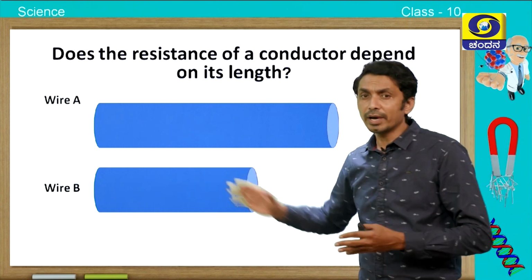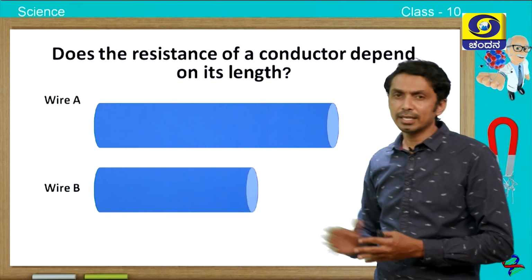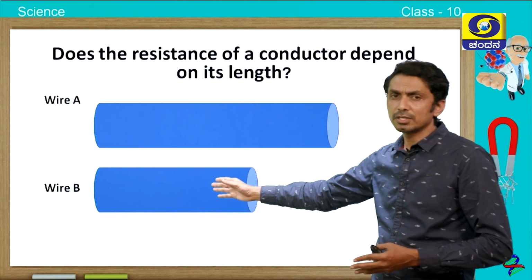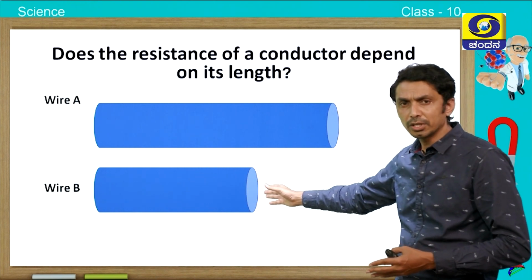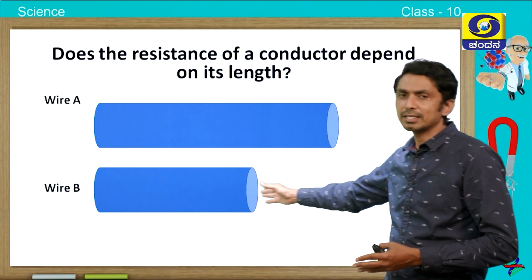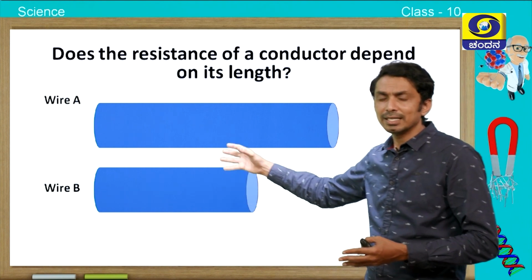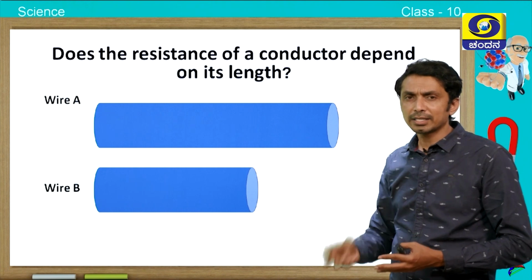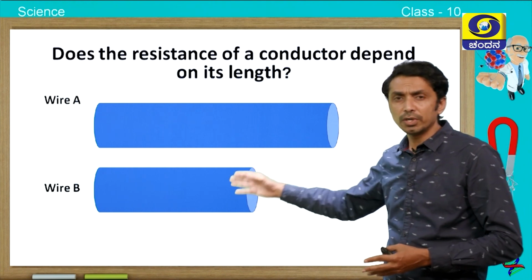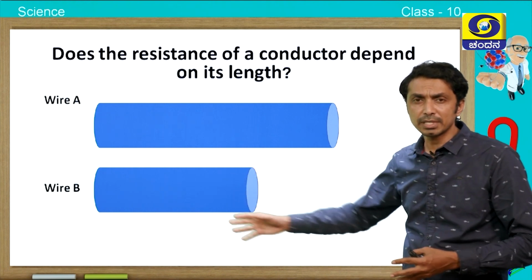Whereas in this wire, which is of shorter length, the free flow of electrons can be very quick because it has a lesser distance to travel. That means a lesser amount of attractions by atoms or collisions between neighboring atoms happens here.